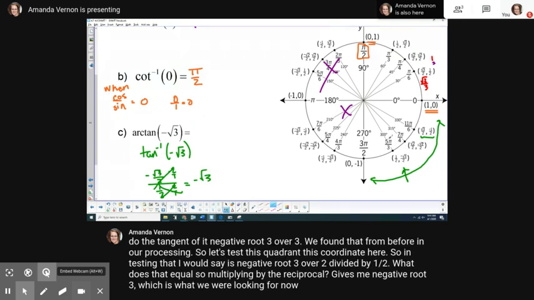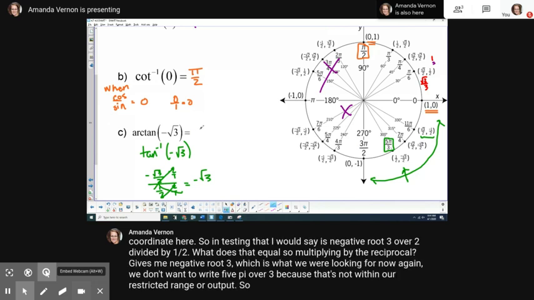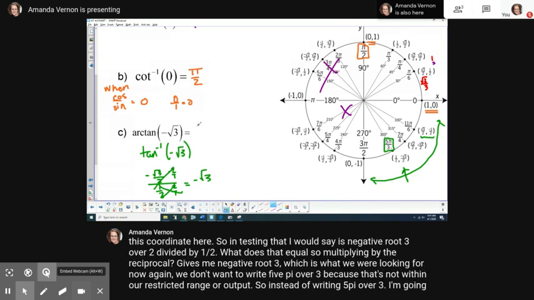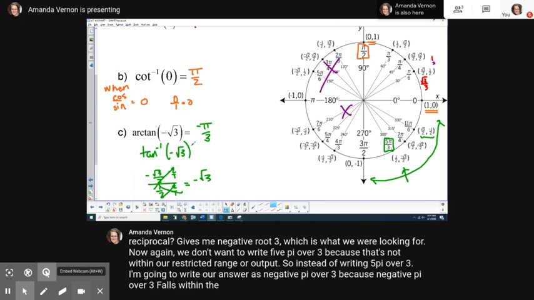Now, again, we don't want to write 5 pi over 3 because that's not within our restricted range or output. So instead of writing 5 pi over 3, I'm going to write our answer as negative pi over 3 because negative pi over 3 falls within the allowed output or range of our restricted inverse tangent function.